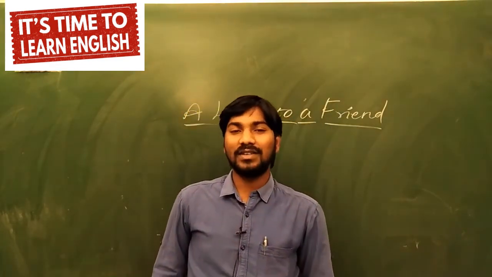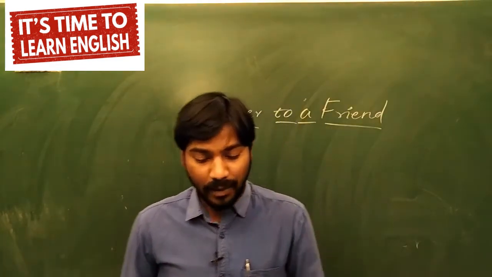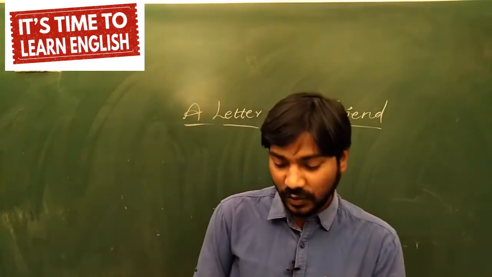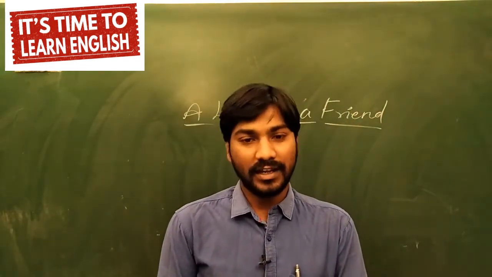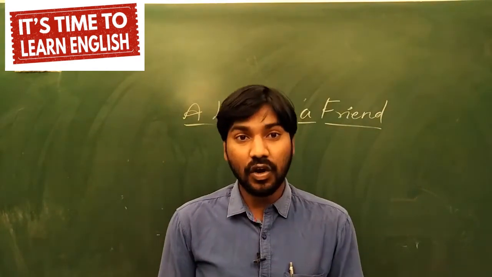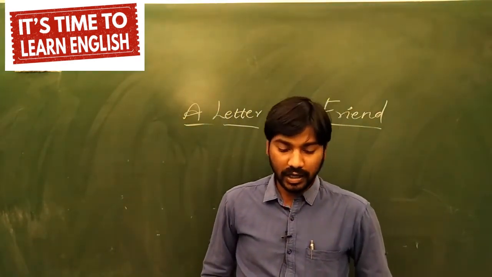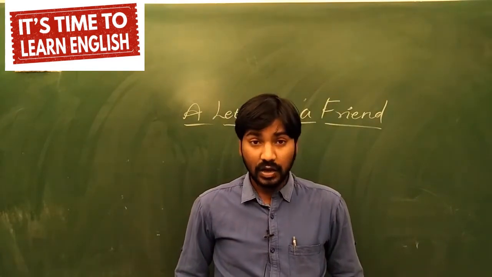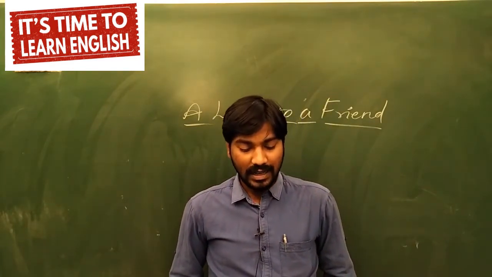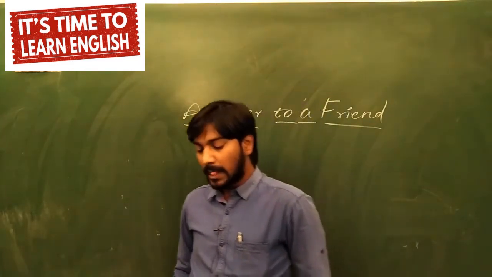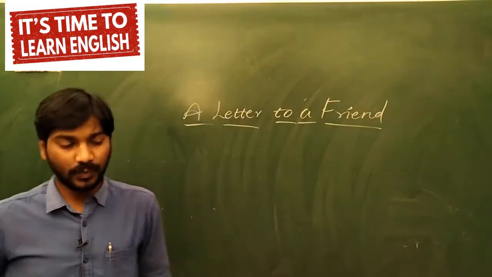Now what was he saying in the letter? "I apologize." Apologize means "I'm sorry for not meeting you during your visit to Hyderabad last week." So Suresh visited Hyderabad last week.